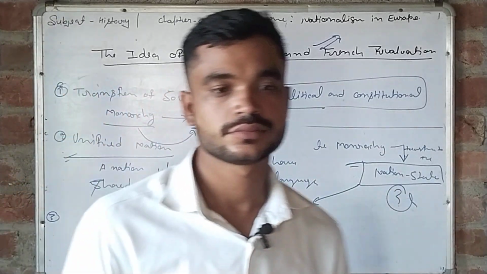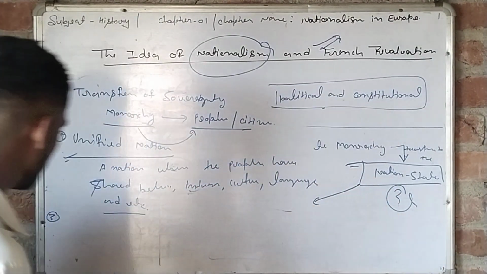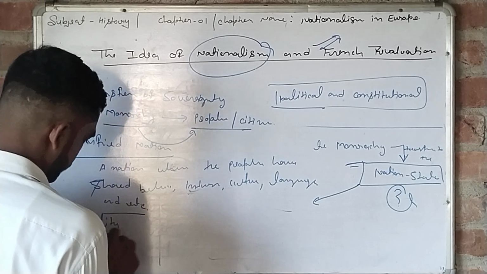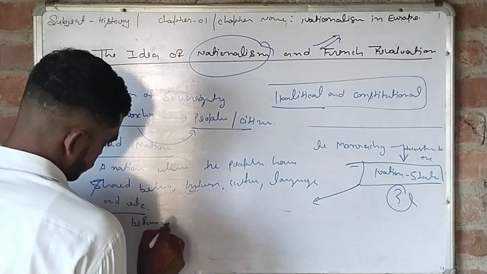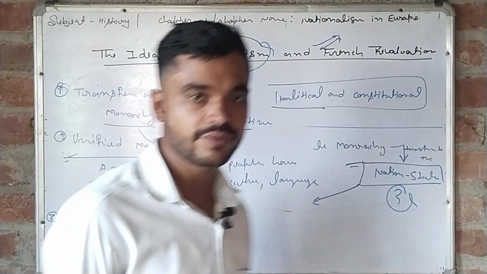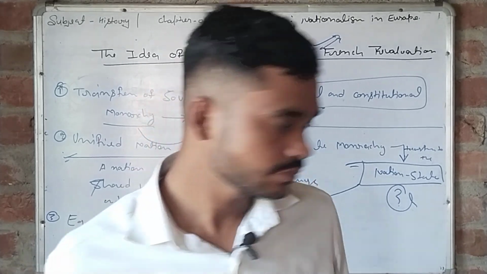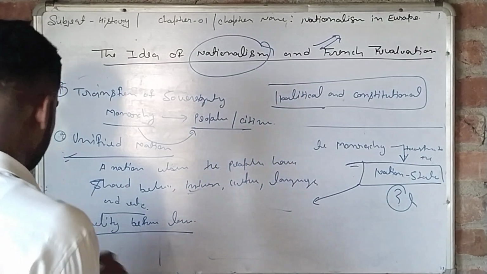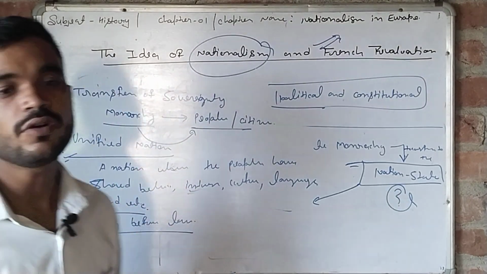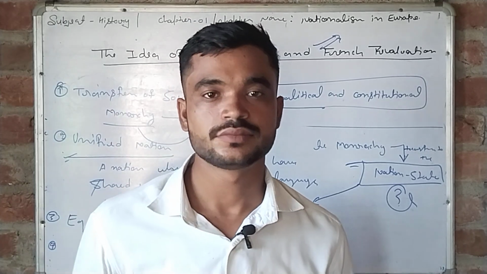The third is equality before law. Equality before law. It means for the law everyone is equal. The fourth is national identity and symbol.